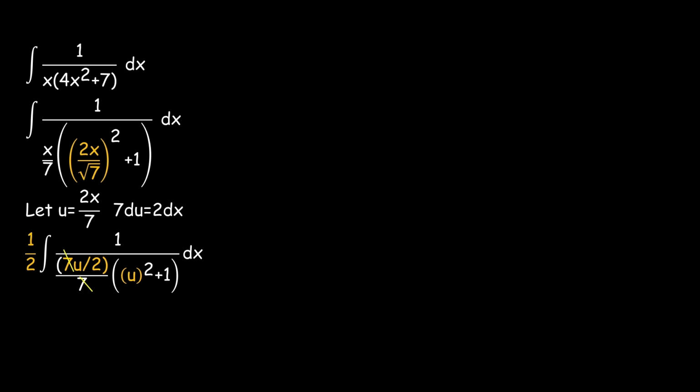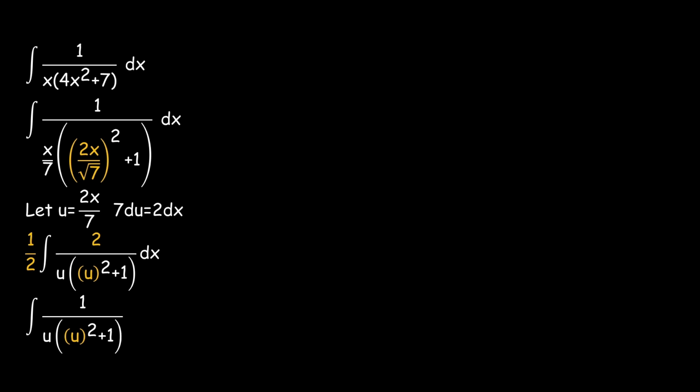You would see that it's going to be root 7 u over 2, and the 7 will eventually cancel out, right? So our new integral would be half the integral of 1 over u over 2 times u squared plus 1. The 2 which was at the denominator goes to the top, and we have 2 over u times u squared plus 1. The 2 will cancel out, and we have 1 over u times u squared plus 1.